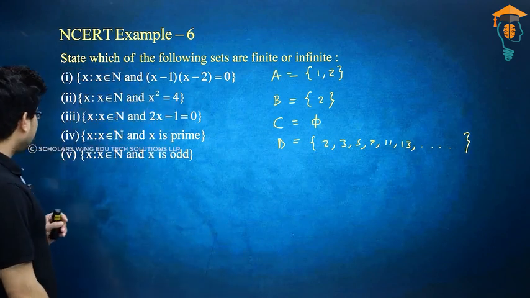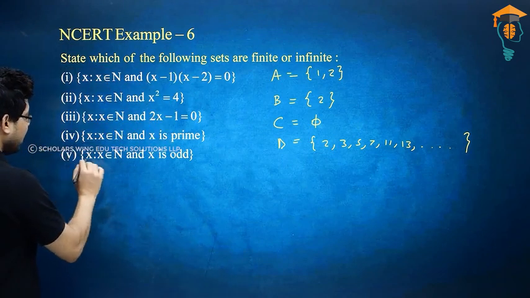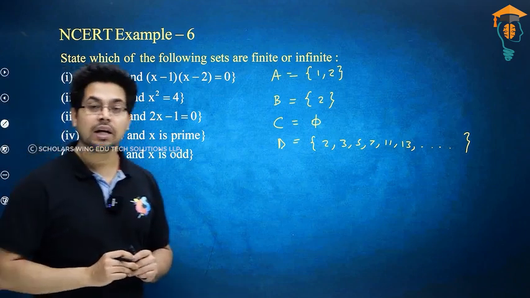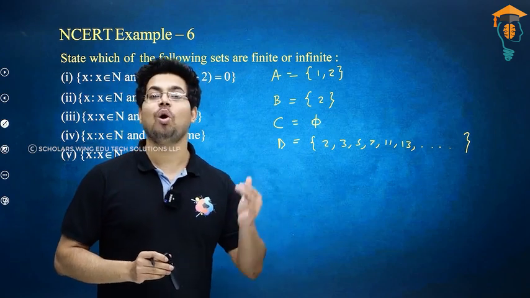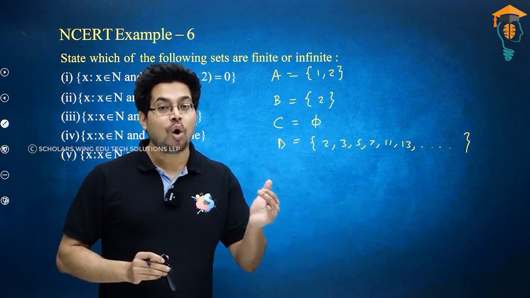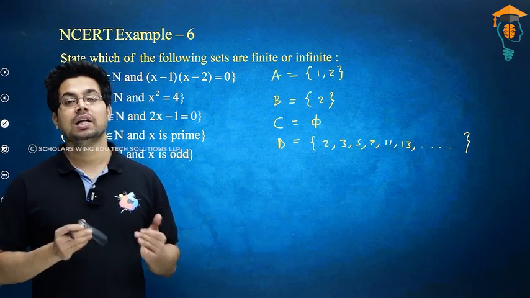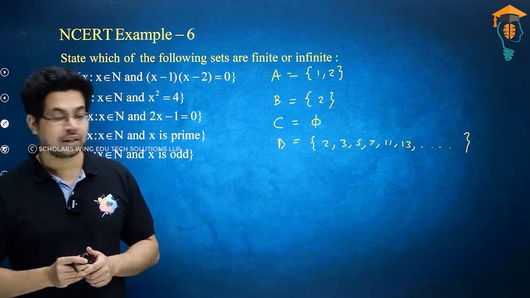All right. Now here, coming to point 5, x belongs to natural numbers and x is odd. Again, all positive odd numbers and all positive even numbers are also natural numbers, right?